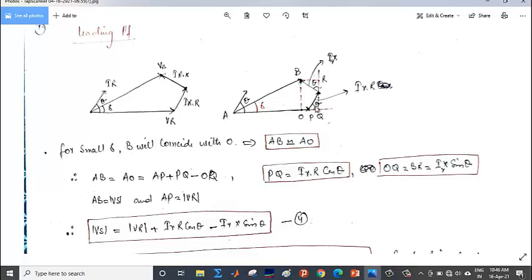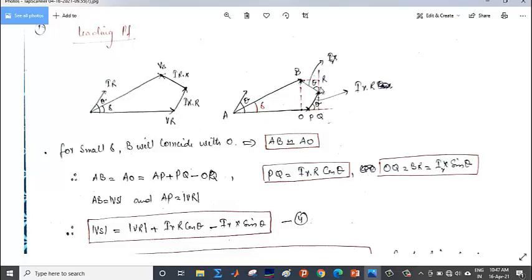Okay, yes. So this is theta. This is 90 minus theta. This is 90. This is again theta. Because this angle plus this angle plus this angle will be equal to 180 degrees. This is 90 minus theta plus some angle is equal to 180 degrees. You can calculate this will be equal to again theta.